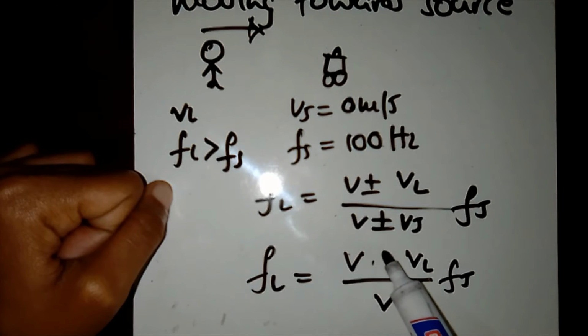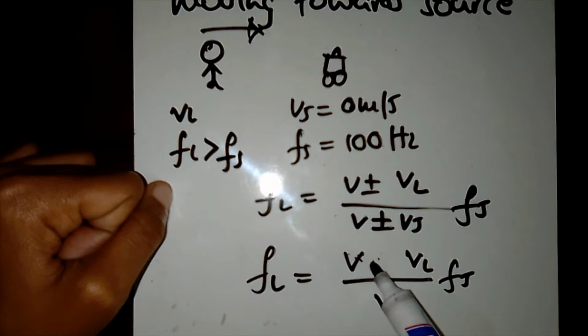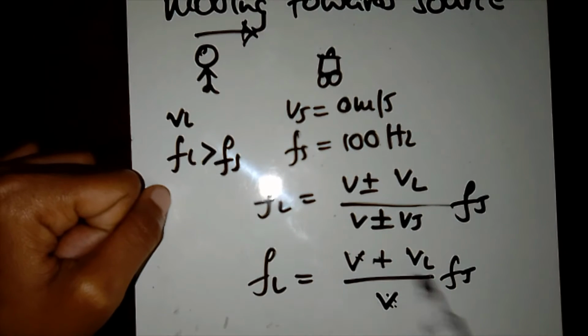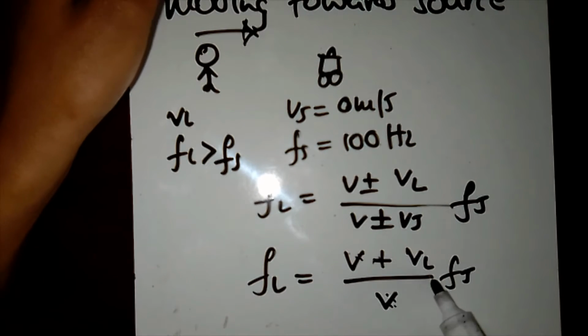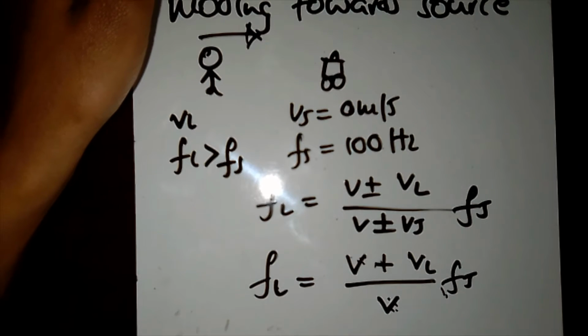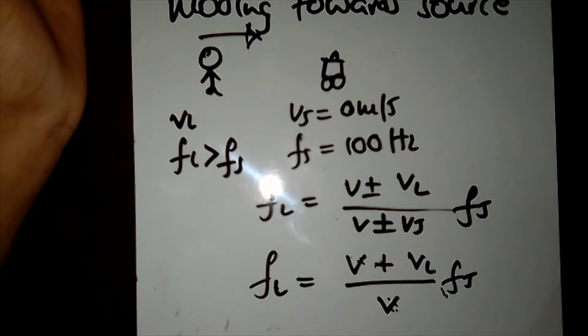So the number at the numerator must actually be greater than the number at the bottom. Remember, these two values are the same. And for this value to be greater, it means that we actually have to add. Then you'll find a frequency that will actually be larger than this frequency over here.